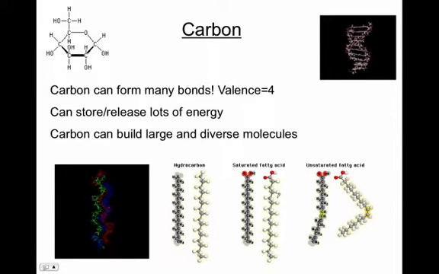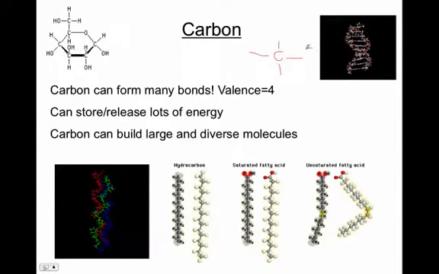So let's do a quick review of what that means. In our previous unit, we learned that the valence number is essentially the bonding capacity of any atom. Carbon has a valence number of 4. What that means is carbon can make bonds with up to 4 other atoms.